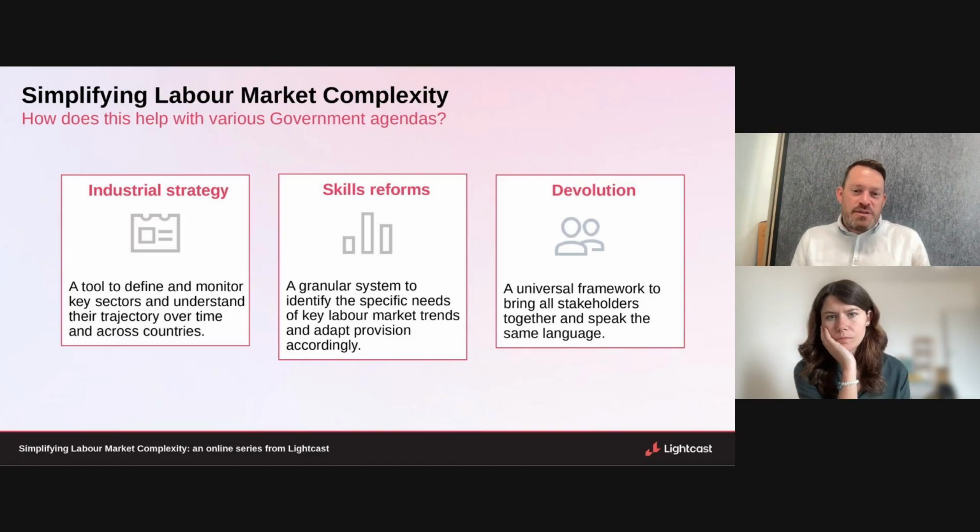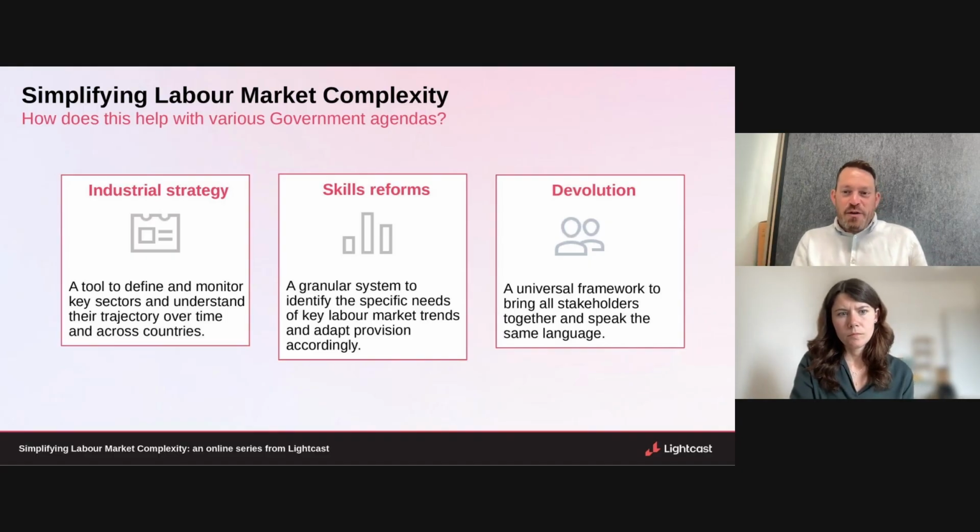So the devolution agenda that also is at play here really is the convener of industry, of workforce, of skills reform.